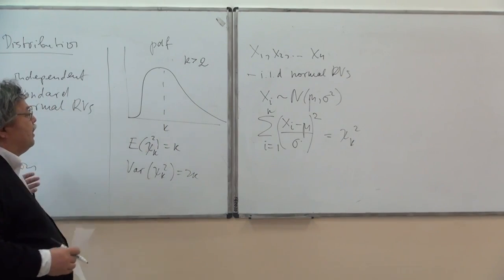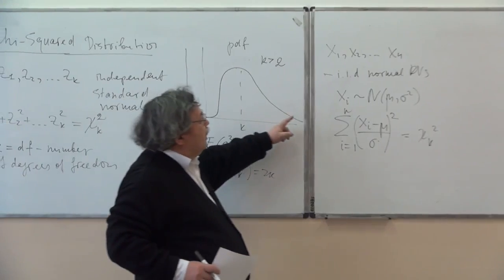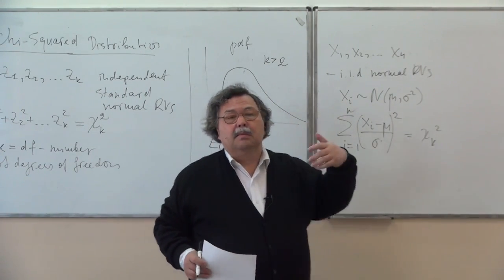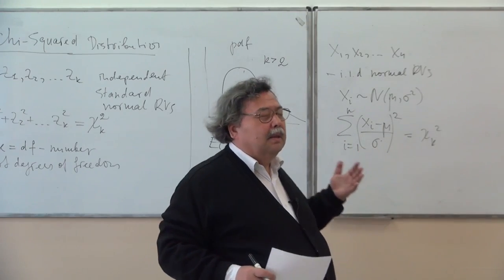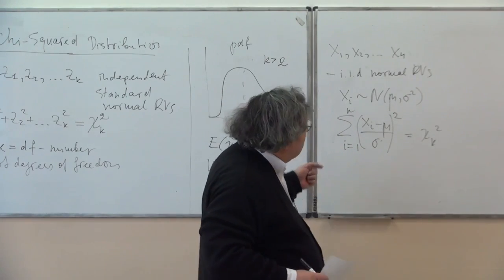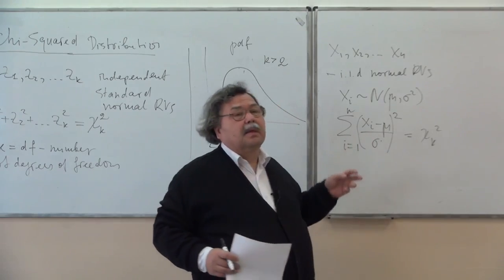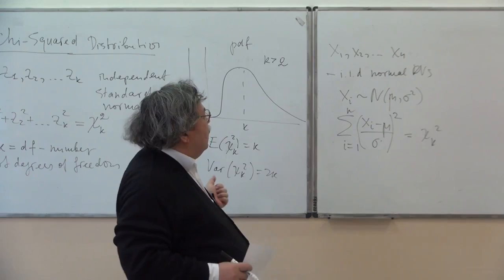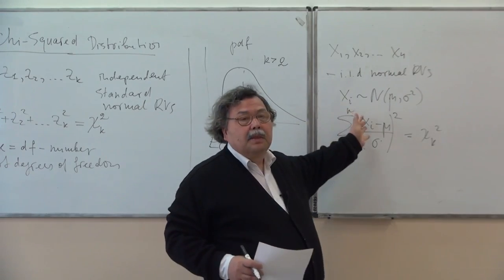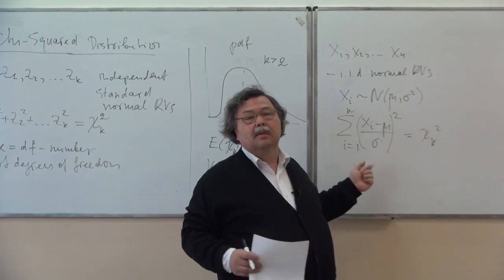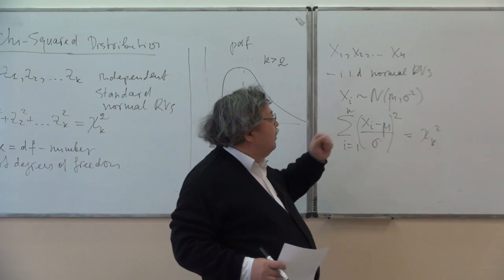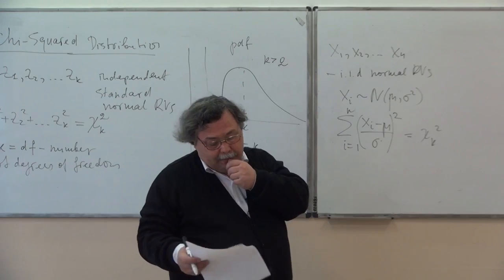It's basically the same statement, because we know that if xi is normal with the mean mu and variance sigma squared, then xi minus mu over sigma is the standard normal. And because they are independent, these resulting standard normal variables are also independent. And taking the sum of the squares, we arrive at the same thing.